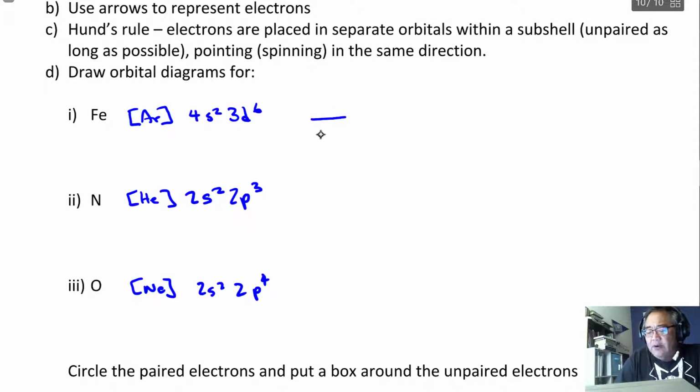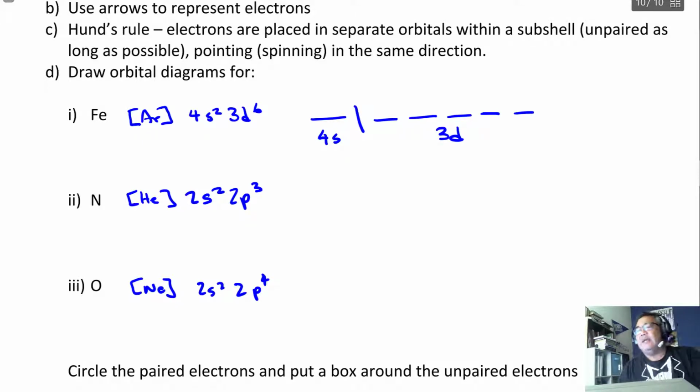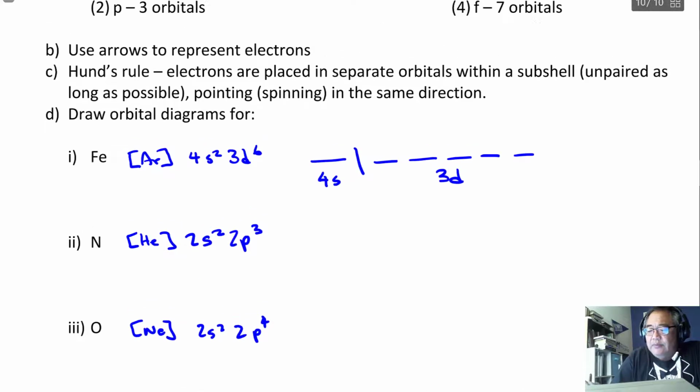We're going to say 4s, and then we're going to go 1, 2, 3, 4, 5. This is 3d, and I'll put a line here to designate between the two orbital types, because otherwise it can get confusing. And then we're just going to place those electrons in here. Now we use arrows, it turns out. There's this term called spin, spin up and spin down.